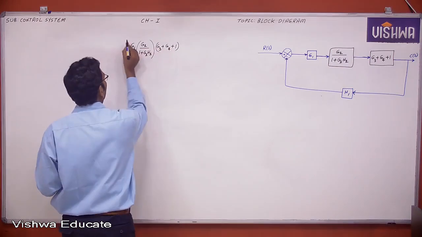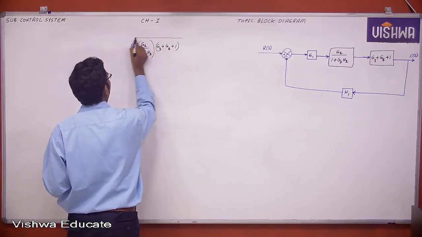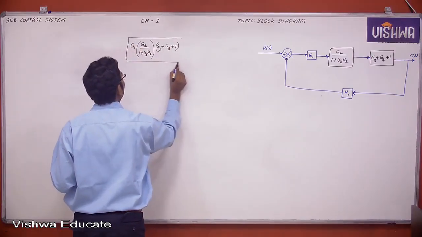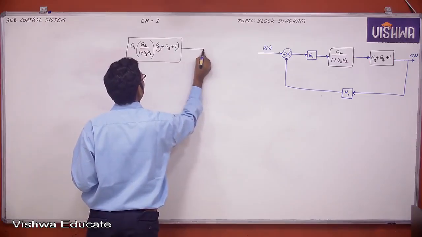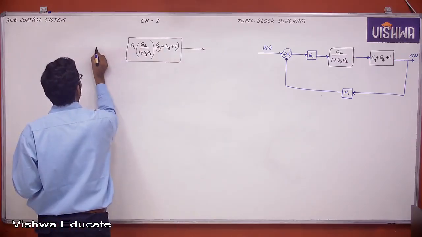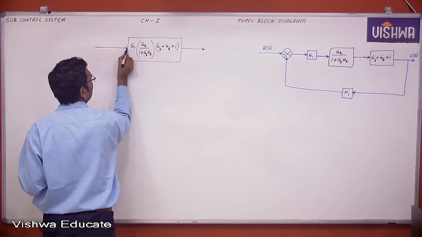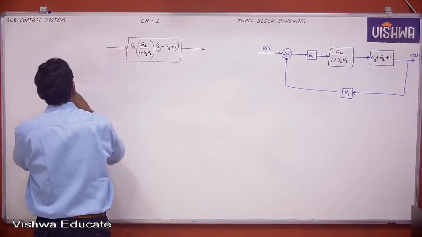Now see here, the overall blocks are connected in series. Therefore, this is the overall block gain. The overall block gain is nothing but multiplication, because all are connected in series.